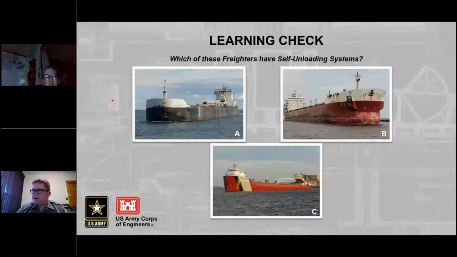So the answer is that freighters A and C have self-unloading systems. You can tell by, again, that kind of crane or scaffolding structure that's usually towards the back of the vessel. Some ships do have it up front these days. It's actually a more modern design, but we'll be talking about that at the very end a little bit.